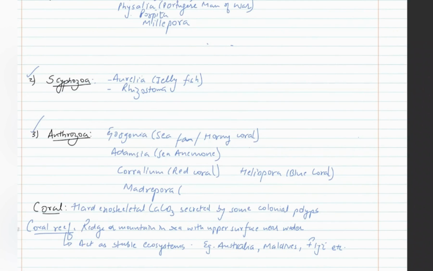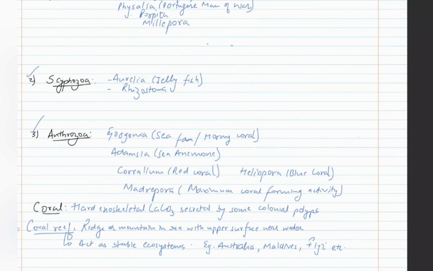In class Anthozoa, we have Gorgonia, also known as sea fan or sometimes called horny coral, Adamsia, also known as sea anemone, Corallium, also known as red coral, and Heliopora, also known as blue coral. Madrepora has the maximum coral forming activity.